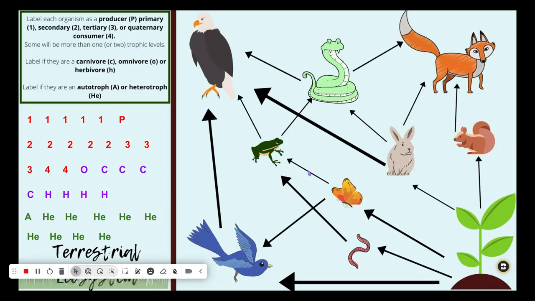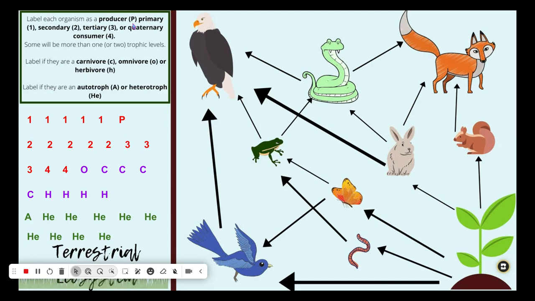So, you'll see that more as you go along. But that's where the P for producer, the number 1 would be for your primary, your first consumer, 2 for secondary consumer, a 3 for tertiary consumer. So those are the numbers that you want to be able to use.